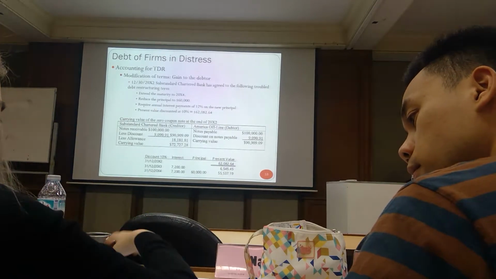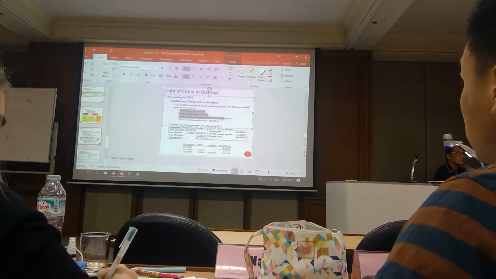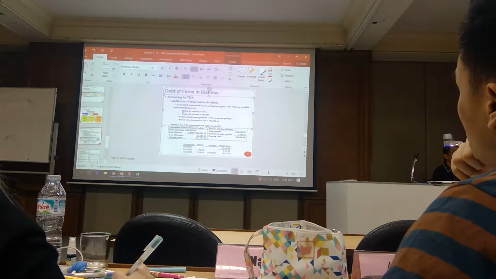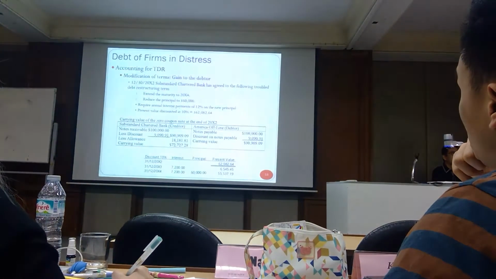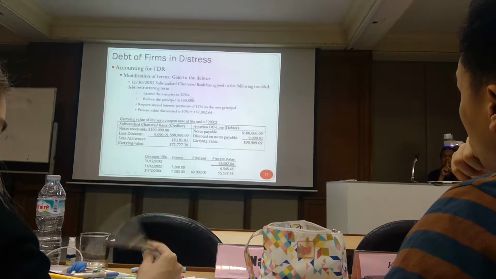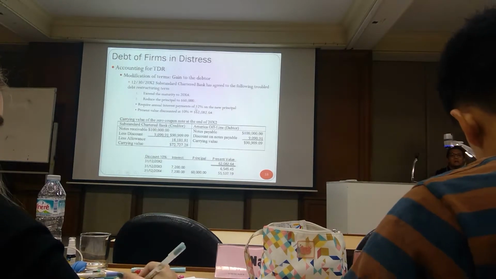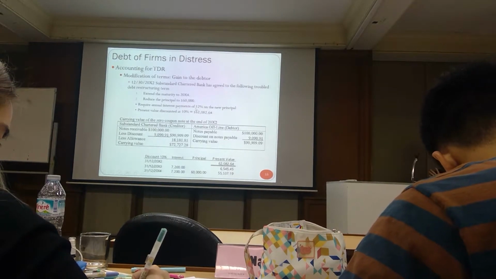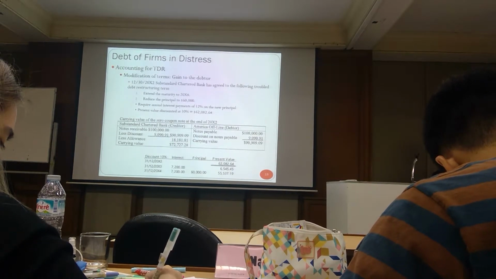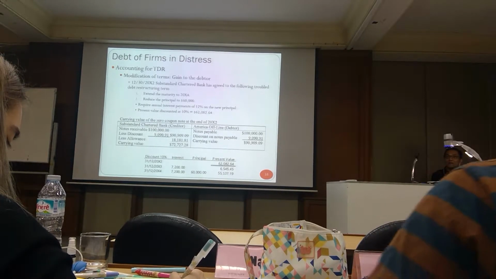All right, this is the first two conditions. The first condition is extend maturity from 2003 to 2004. It means you extend the period to pay for the next 1 year. And rather than pay off 100,000, I'm going to pay 60,000. All right, but I give you 12% of the new interest.